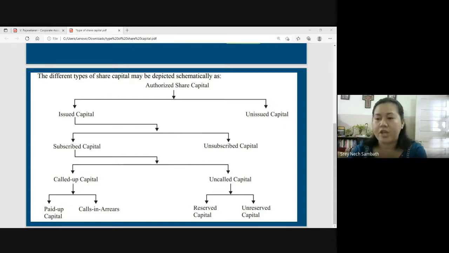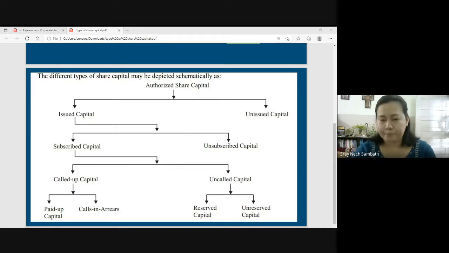The nominal value of the share is 100, but it depends on the board of directors. So maybe the board of directors think that they don't want the whole amount of money now, or maybe it's not attractive to the public to subscribe. So they may break it down into 2 or 3 calls. It means they will collect the amount of that 100 rupees per share in a breakdown. It's like an installment type, right?